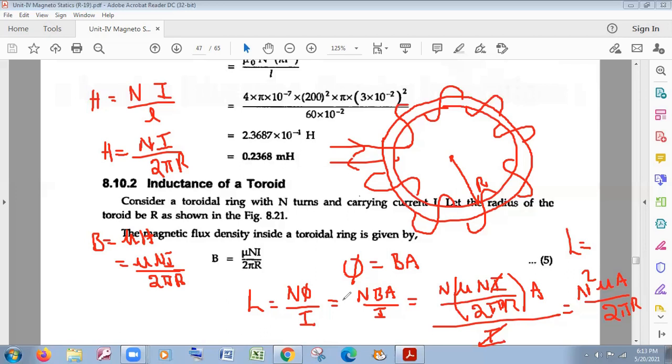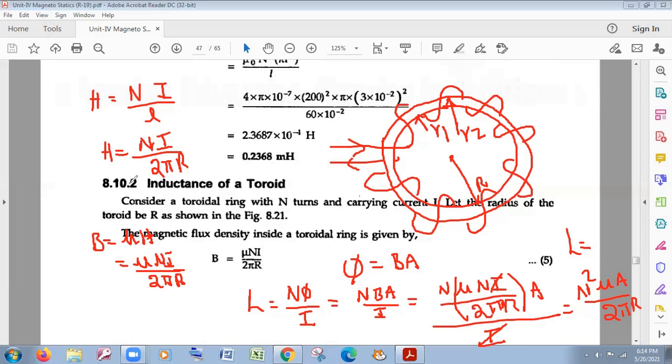Also, you can write this for a toroid ring with N number of turns, H as the height of the toroid, R1 as the inner radius and R2 as the outer radius. Then the inductance is given by N square mu A by 2 pi R, if I am taking only the radius R.